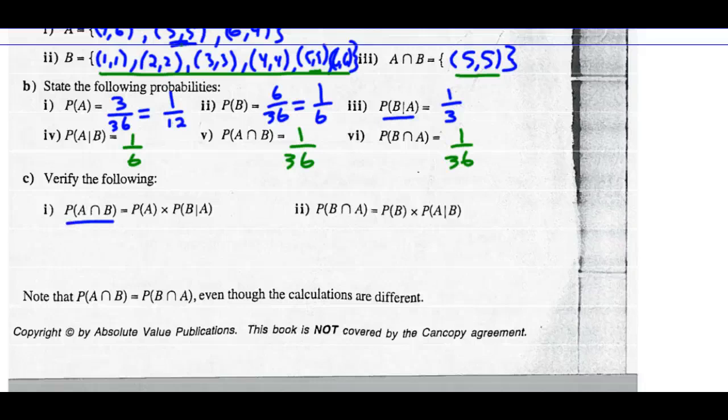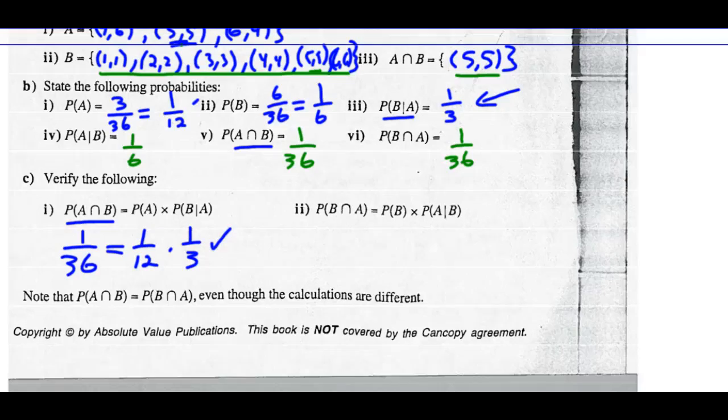So the probability of A and B is right there, 1/36, should equal the probability of A, we said that's 1/12, times the probability of B given A has occurred. Probability of B given A has occurred, that's 1/3. So 1/36 equals 1/12 times 1/3, that is true.